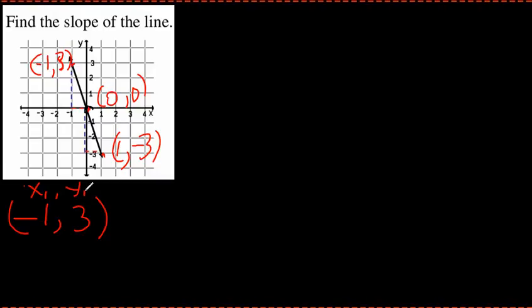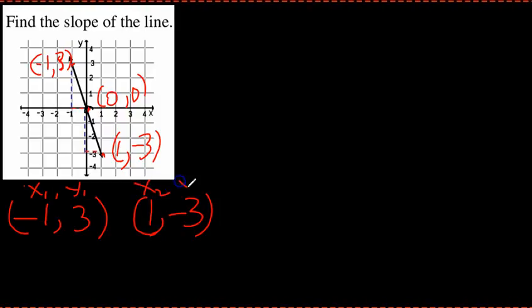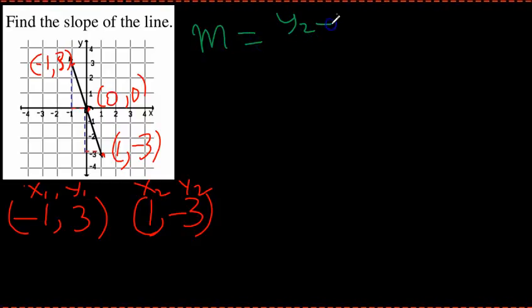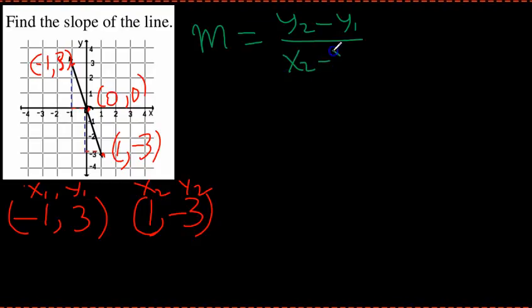And we do 1, -3, and this will be our x2, y2. So it's helpful to label them, so that when you put them into the formula, the slope, which is m, is going to be y2 minus y1, the difference between the two y's, the vertical, okay, over x2 minus x1.